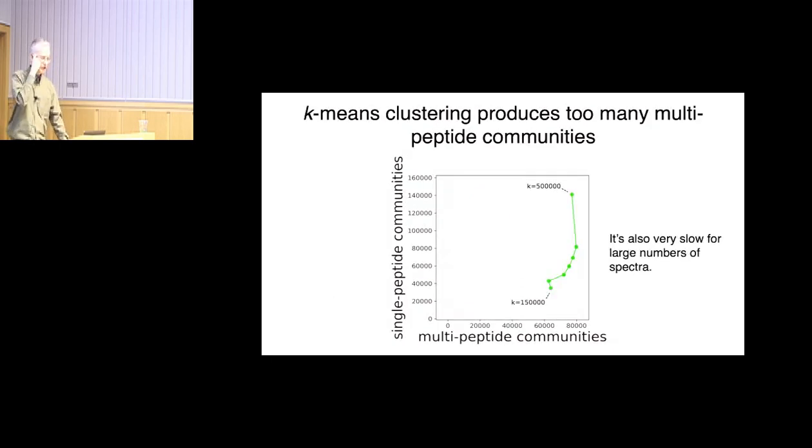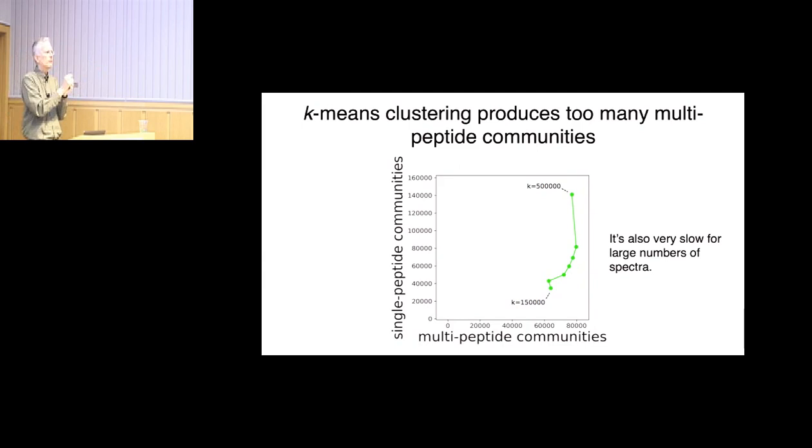If we started by just doing k-means clustering, which seems like a reasonable thing to try, right? Lots of people use k-means for lots of things. Turns out this is really slow. There probably are some speedups that we could make to go faster, but it's not going to go as fast as the simple nearest neighbor thing that we implemented. But more importantly, it makes too many multi-peptide communities. If you think about it, k-means, or most clustering algorithms really, are designed to try to cluster things at much larger scale than what we're interested in.